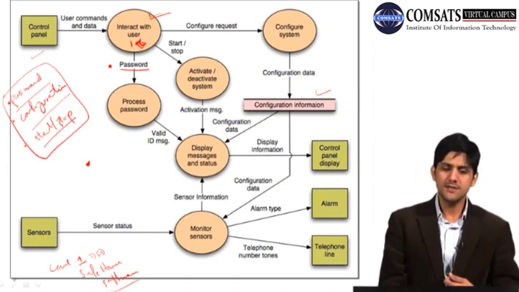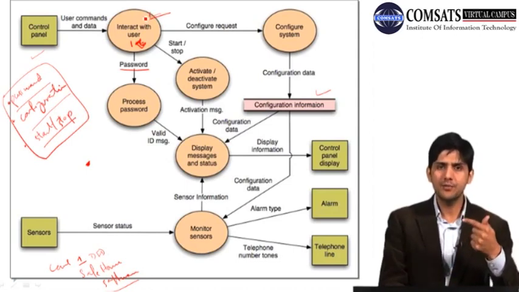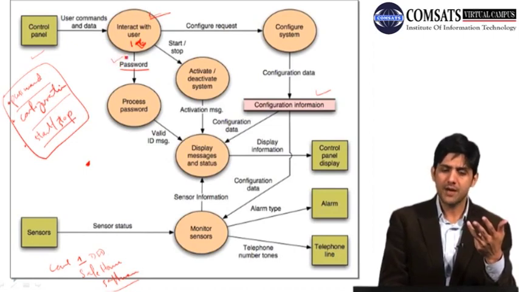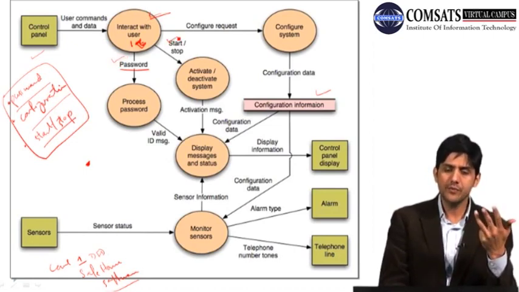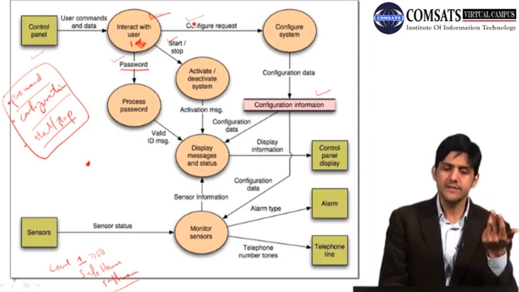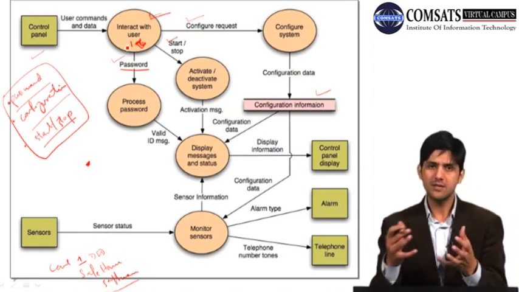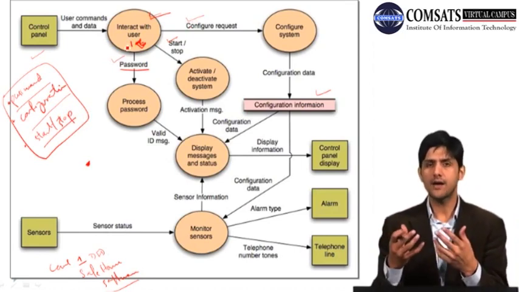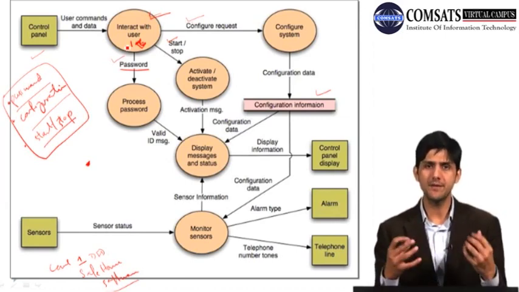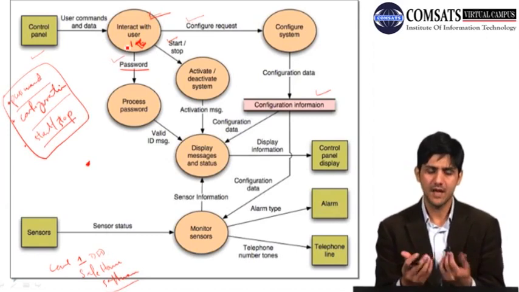So what this process is actually doing is understanding what kind of input it is and producing 3 possible outputs. Either the input is a password, or it's a start-stop request, or it's a change in any configuration settings. So these 3 are the outputs from this process. And now because these outputs, or this data, are thrown out of this particular process, we need some processes to actually look after these outputs.